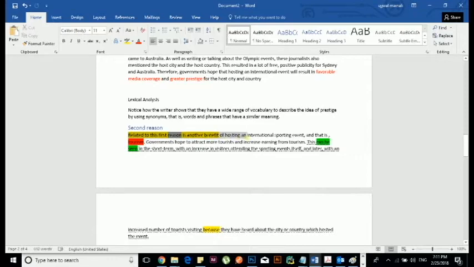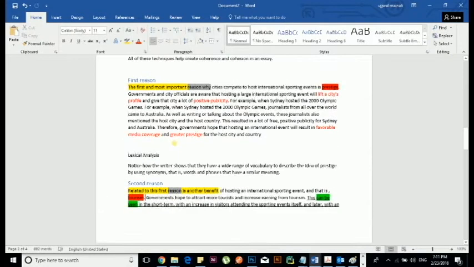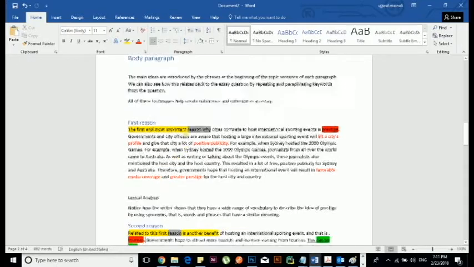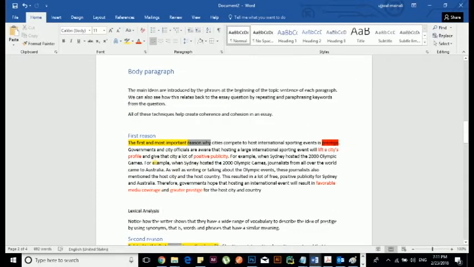The second reason, related to the first, is another benefit of hosting an international sporting event, that is tourism. So you introduce two key reasons for hosting international sporting events despite being expensive.